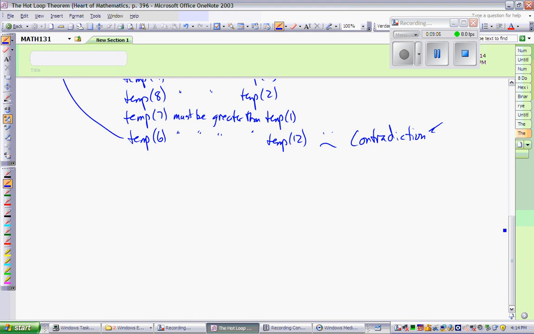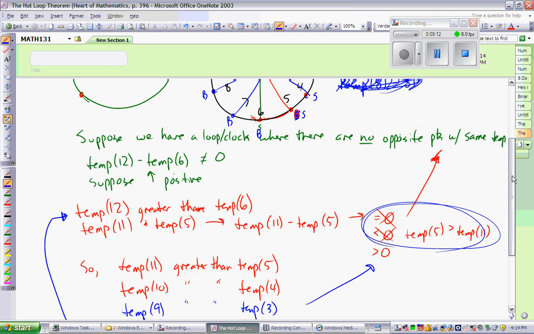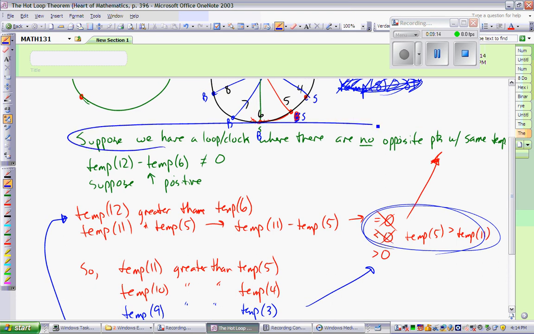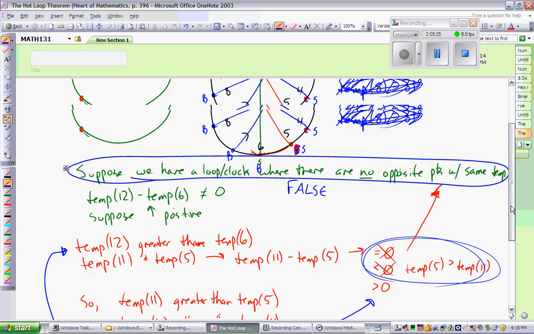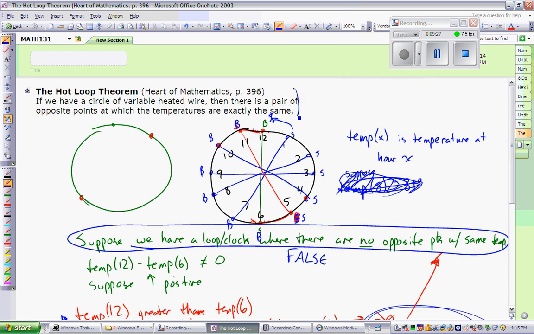So therefore our original supposition must be false. That means there must be a place where opposite points have the same temperature. So that proves the hot loop theorem.